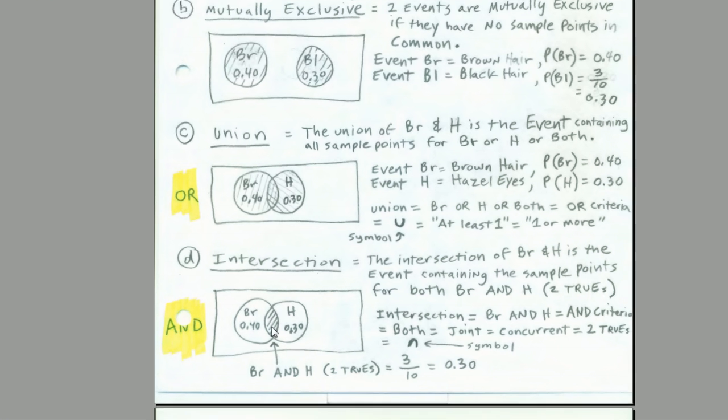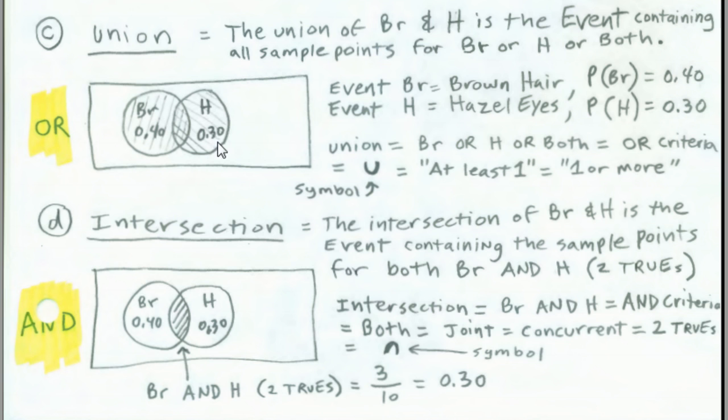And there's a bunch of words for both union and intersection. If we look at union, we can use the word union, brown or hazel or both. We could say or criteria, which is what I tend to do in some of my other classes. Here, we use the word or, but the textbook tends to use this symbol. This means union. Now, you can remember that it's union because it looks like a U, right?